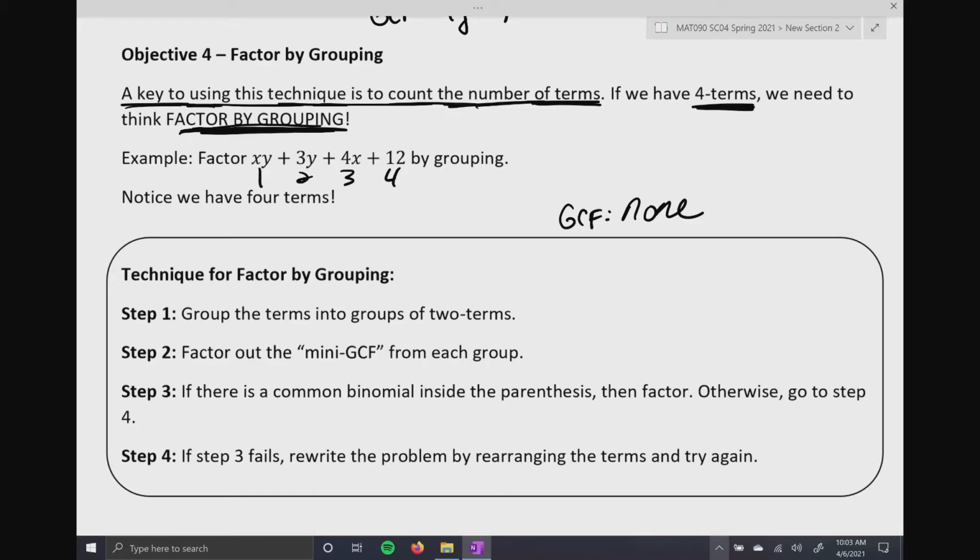What's nice about this? There's a technique. There are steps. So step 1, you're going to group the terms into groups of 2. So let me show you what I mean here.